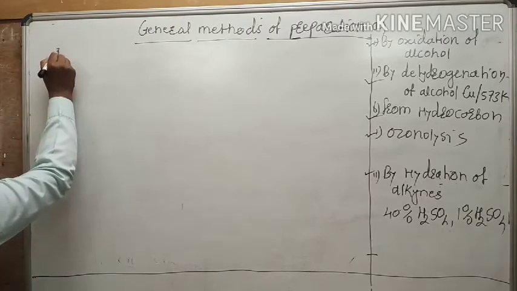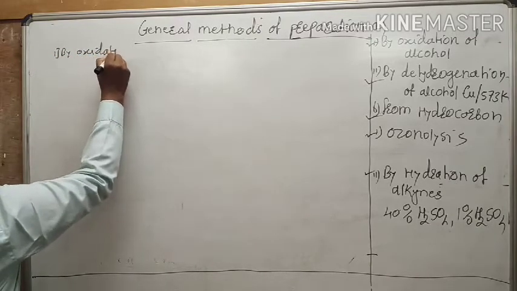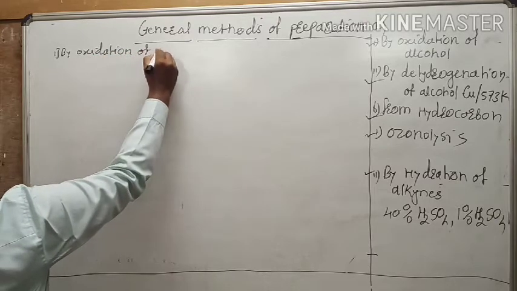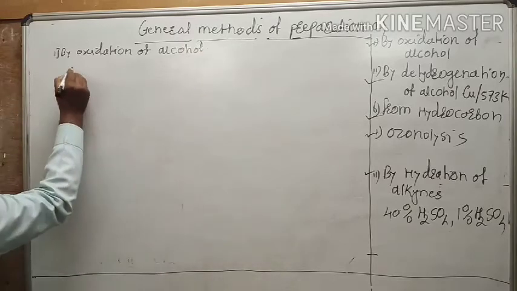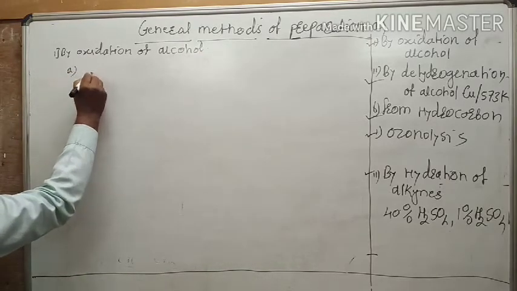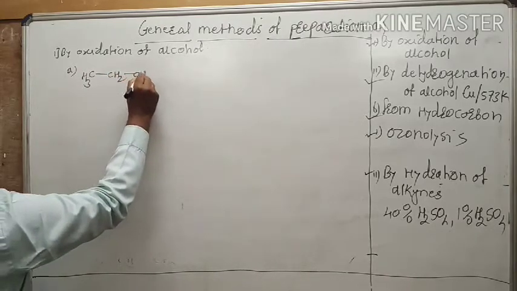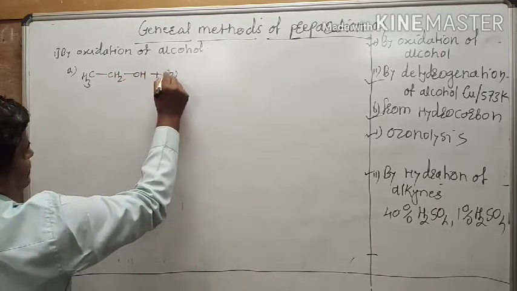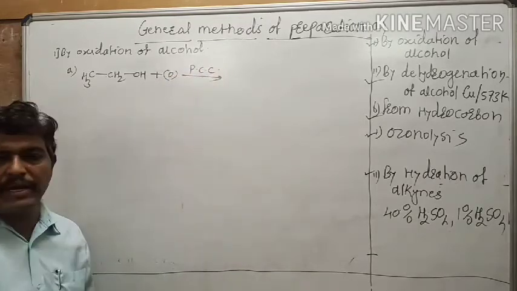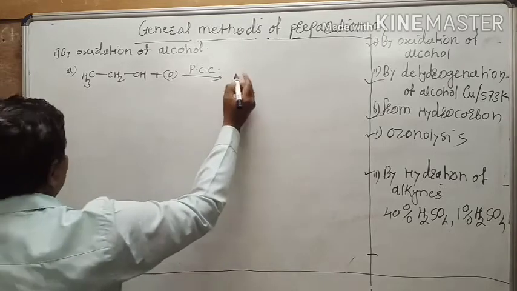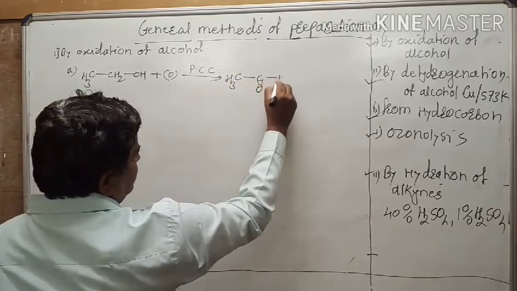First is by oxidation of alcohol. Remember one point, that when primary alcohol is oxidized by using PCC, that is pyridinium chlorochromate, then you will get aldehyde as product.